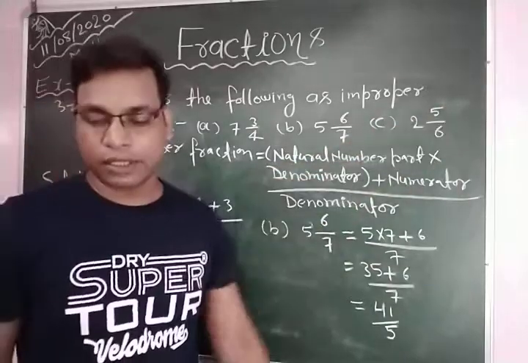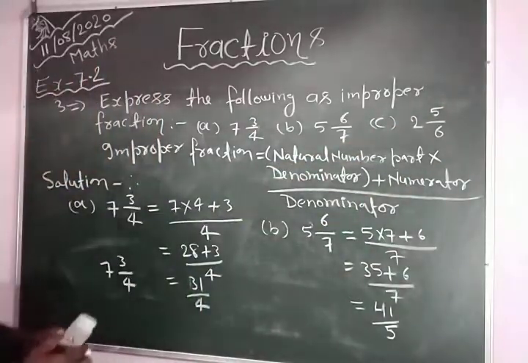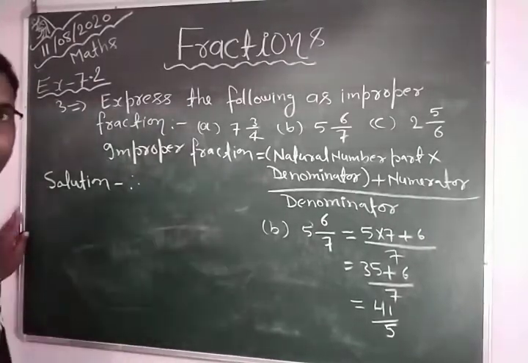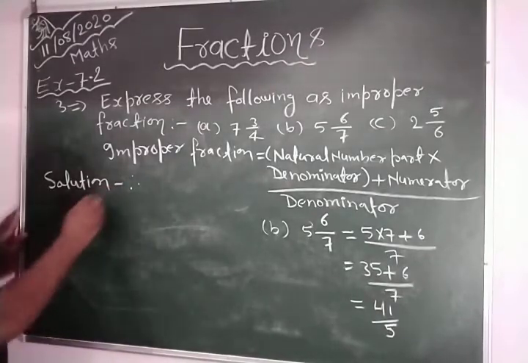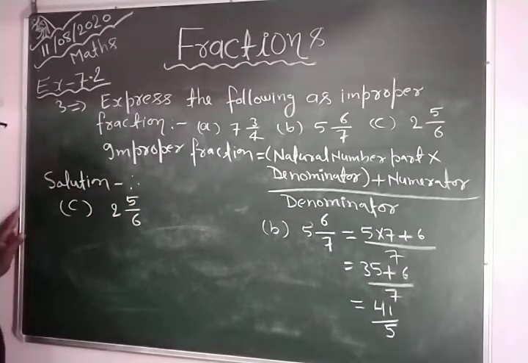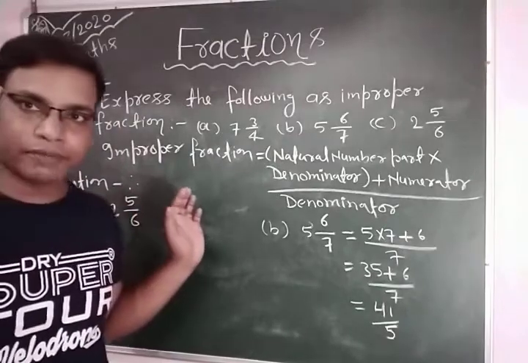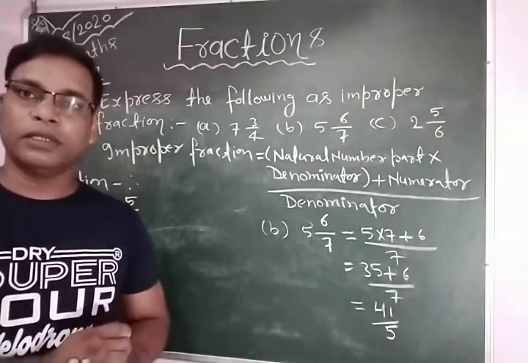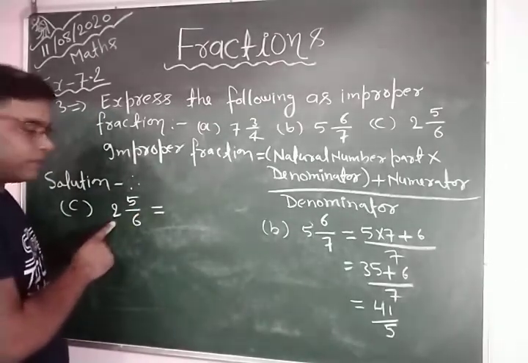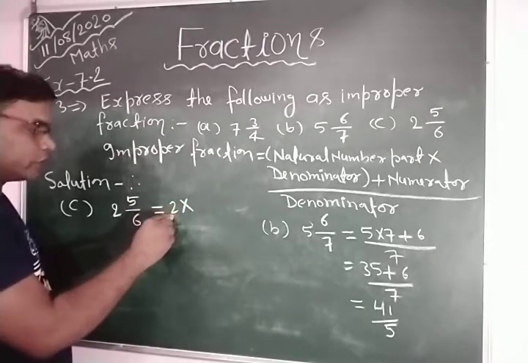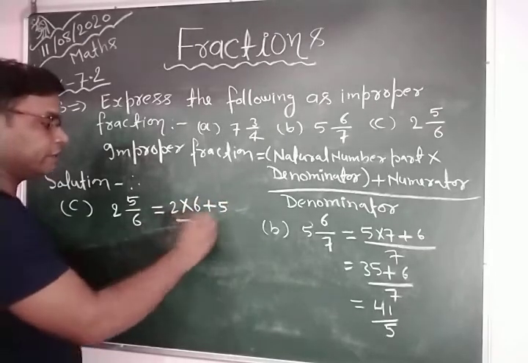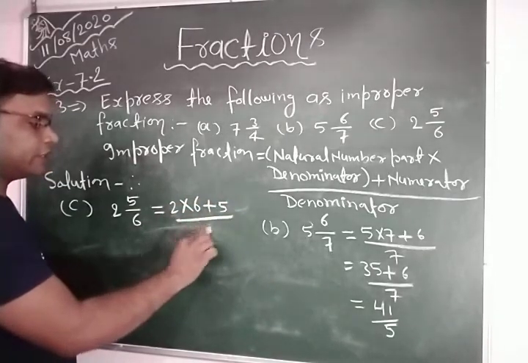Now let's see the third part of question number 3: 2 whole 5/6. So this is C part. This is given, 2 whole 5/6. This is a mixed fraction and we need to convert it into an improper fraction. For this, first we multiply the natural number part into the denominator. 2 is the natural number part and 6 is the denominator, plus numerator, divided by denominator, which is 6.